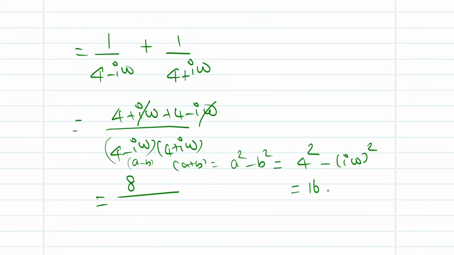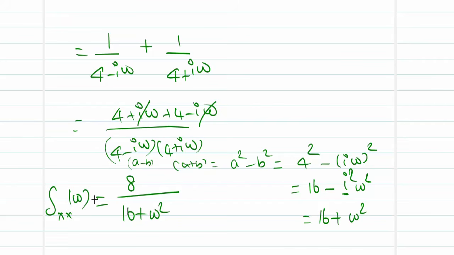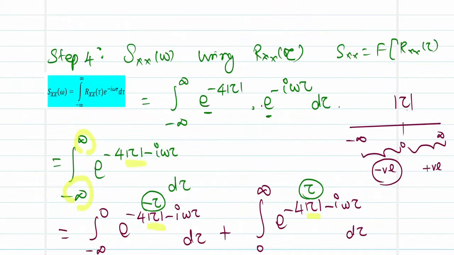So 4 square is 16 minus I square omega square. What do we know about I square? I square is minus 1, minus of minus makes it plus. So this becomes 16 plus omega square. So I have got the value for my s x of omega. That is going to be my step number 4.